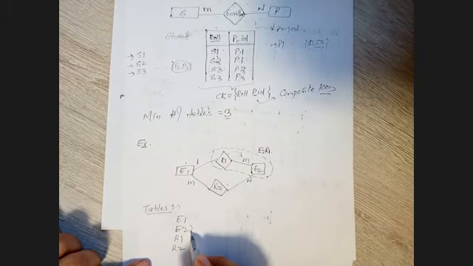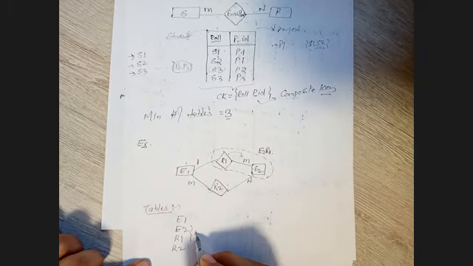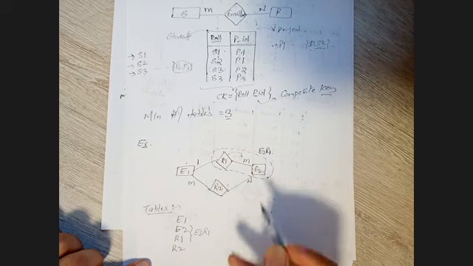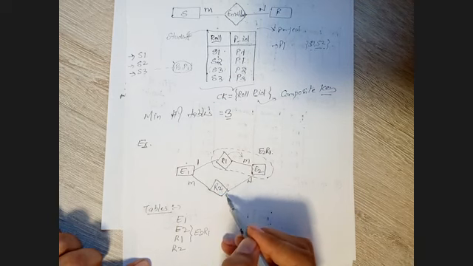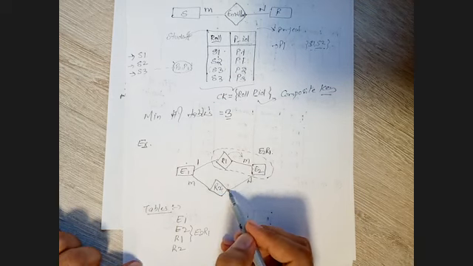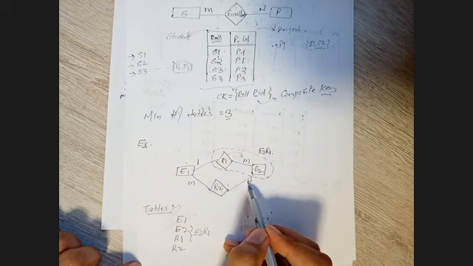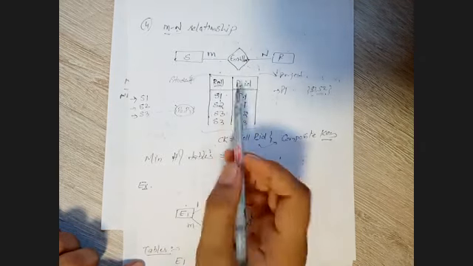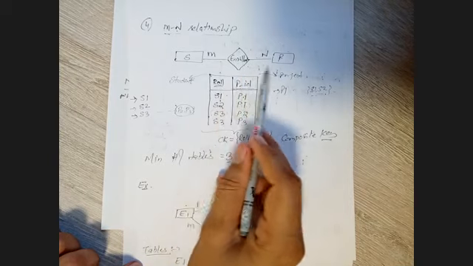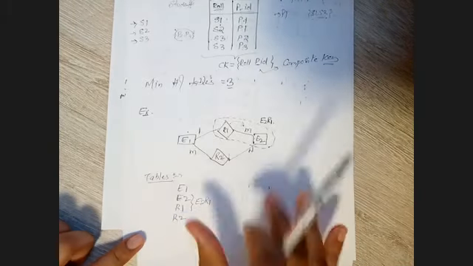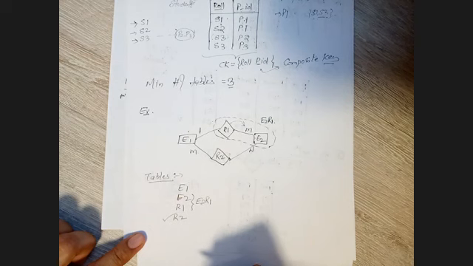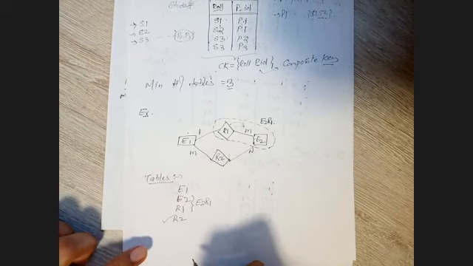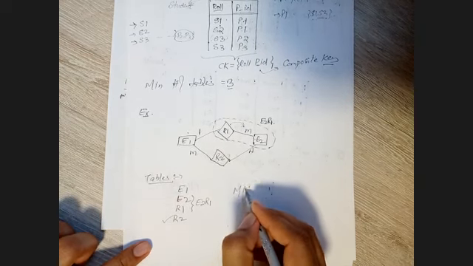So E2 and R1 can be merged into one table. But now look at R2. Can we merge this R2? No, probably. Why? Because there is a many to many relation, and we have seen we cannot merge this one with either of the entities. So we must maintain this R2 relation separately. So what is the total minimum number of tables?